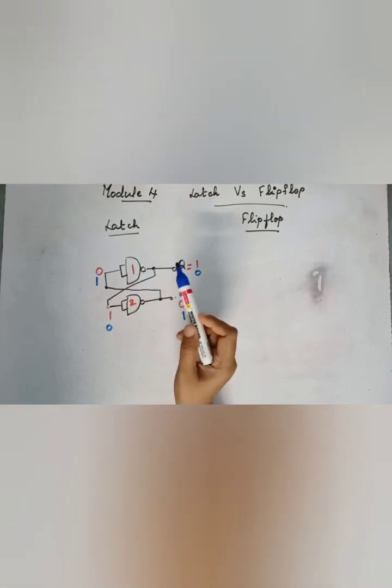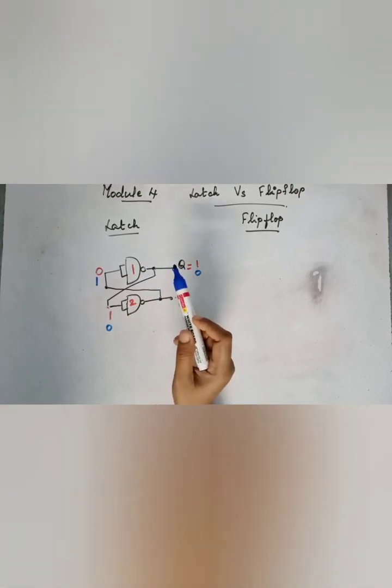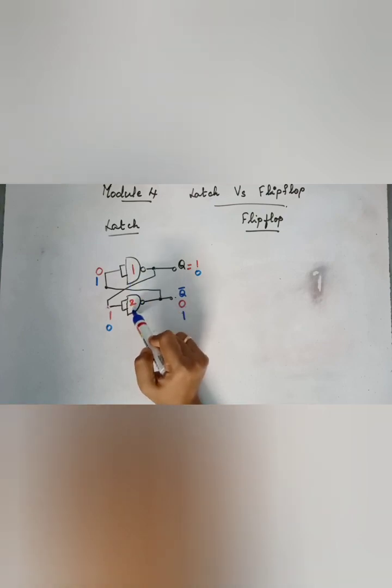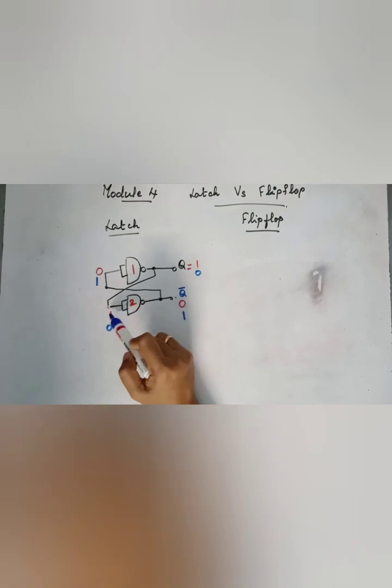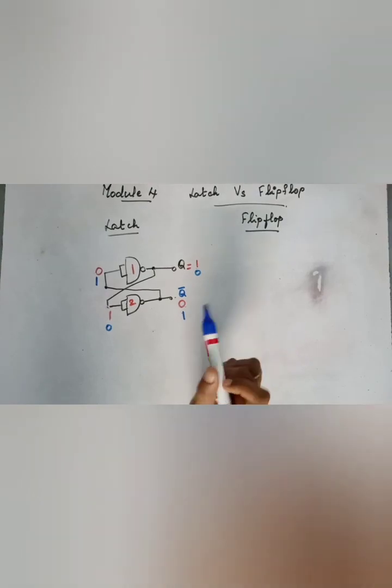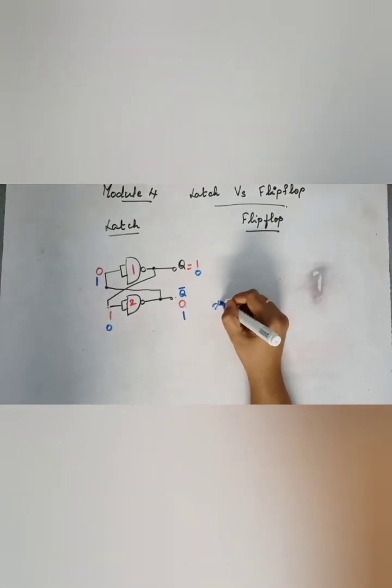You know how you construct a NOT using NAND. So this is acting as a NOT gate, and this is acting as a NOT gate. You have two inverters, that is two NOT gates, connected back to back. The output of the first is connected to the input of the second. The output of the second is connected to the input of the first. That is back to back inverters.